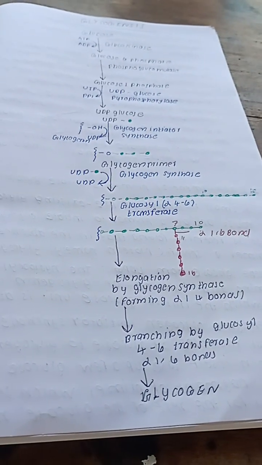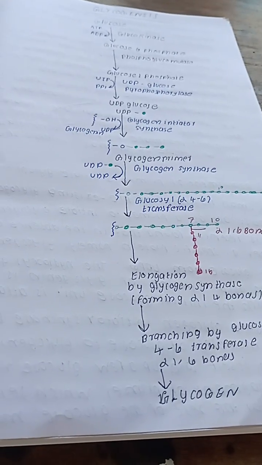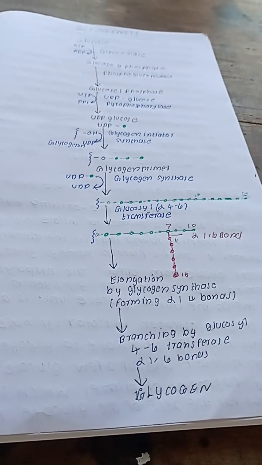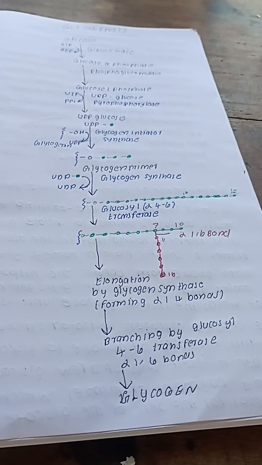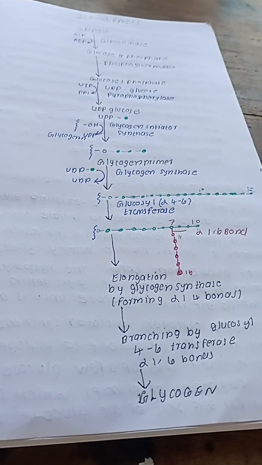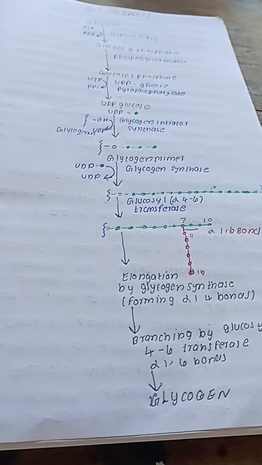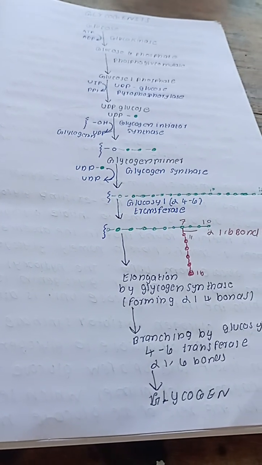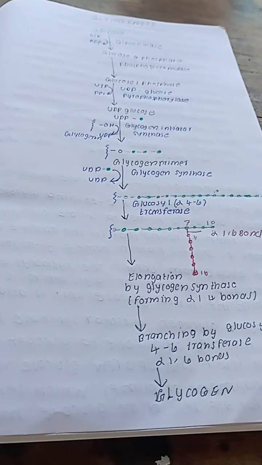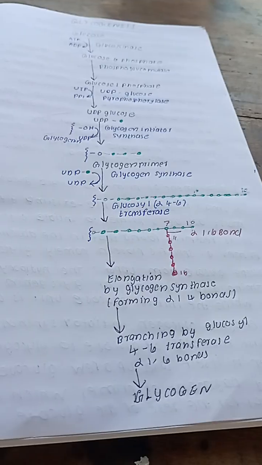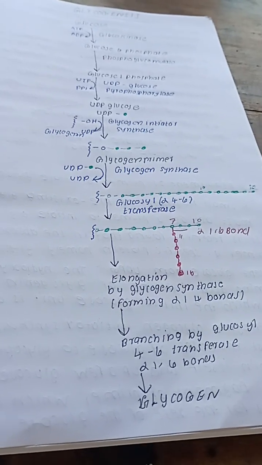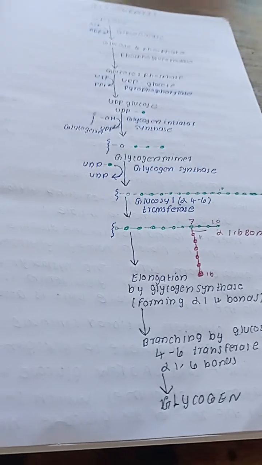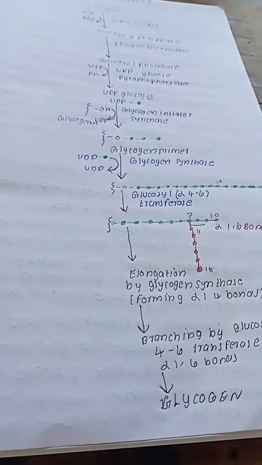In the absence of glycogen, a protein, glycogenin, acts as a primer, where the hydroxyl group of the amino acid tyrosine acts as the initial site for binding glucose residues. Then the glycogen initiator produces the first glucose residue, and the glycogenin itself adds the other residues.